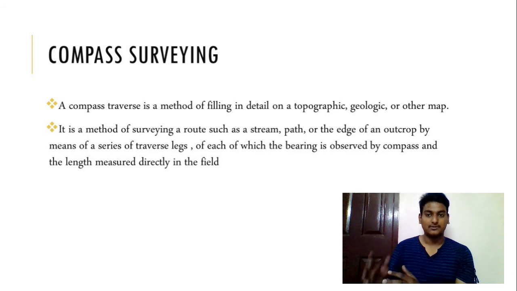This is where compass surveying is more vital, in surveying a route such as a train path or the edge of an outcrop by means of a series of traverse legs, of which the bearing is observed by a compass and the length measured directly in the field.